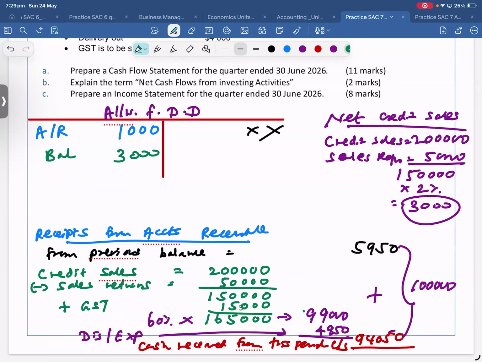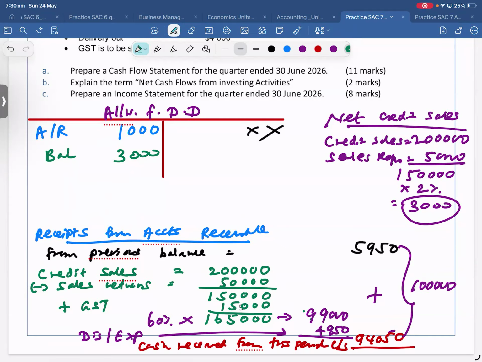What did we do for the first one? We debited the bad debts and credited the doubtful debt. The first entry, the brand new entry: bad debt debit, allowance for doubtful debt credit. But we didn't do this one here. Why?